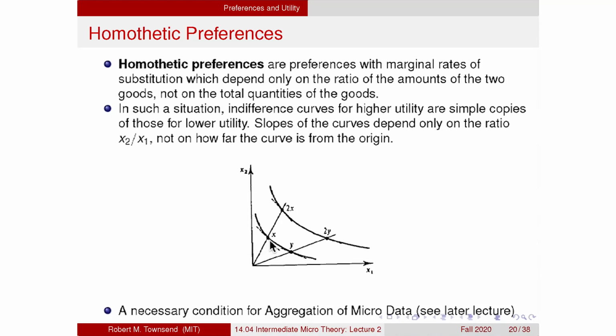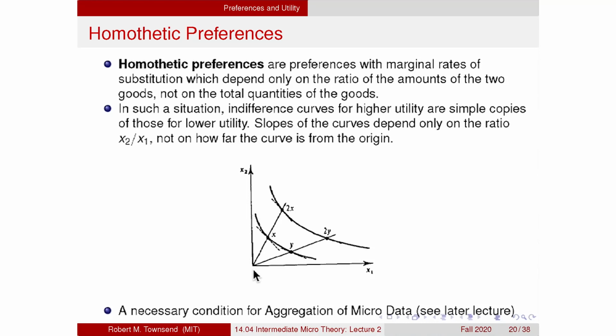Suffice it to say that if you're moving outwards along this ray because maybe your income is increased, holding prices constant, the goods X1 and X2 are increasing proportionally with the distance along this ray. And likewise, since prices are fixed, expenditure is also moving proportionally along this ray.